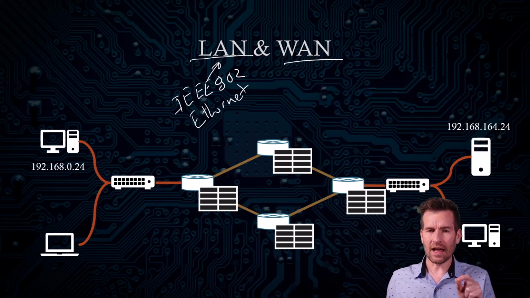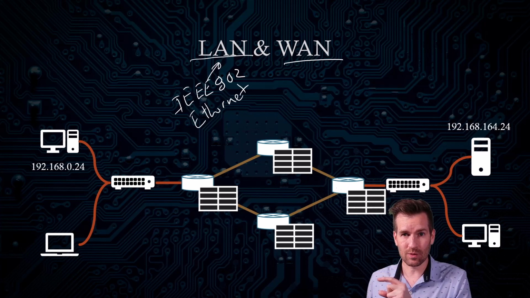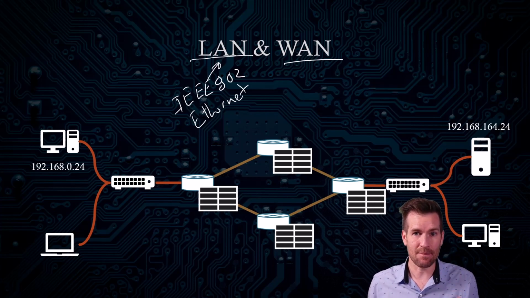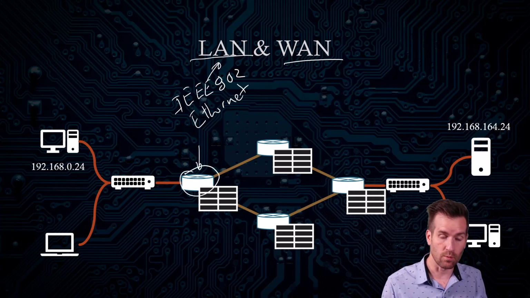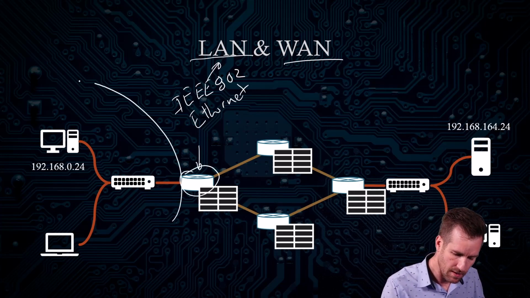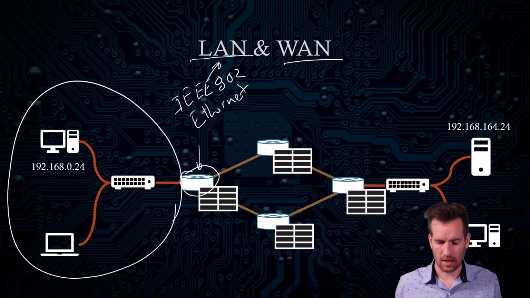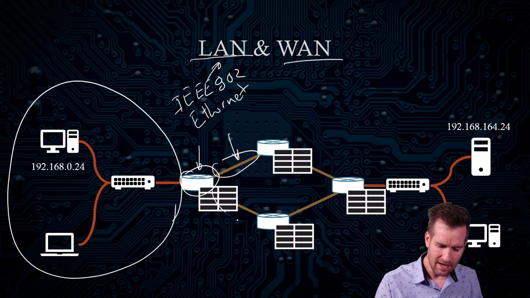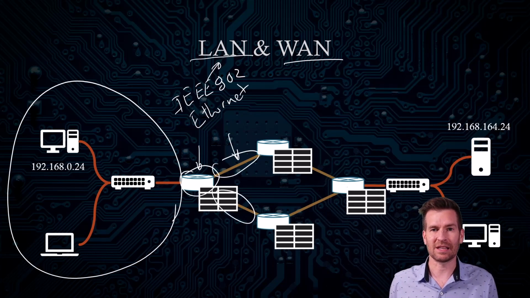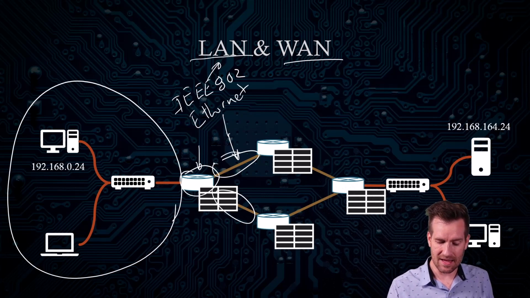Where the LAN ends is where there is a layer 3 device that divides up your LANs. In this example, we've got a layer 3 device, a router, and this would be considered a LAN right here, a local area network. To a certain degree, the connections between these routers could also be considered a LAN, because we could be running Ethernet in this connection.